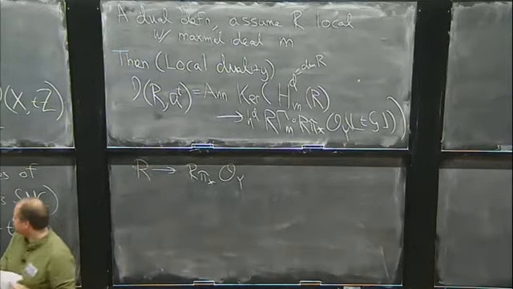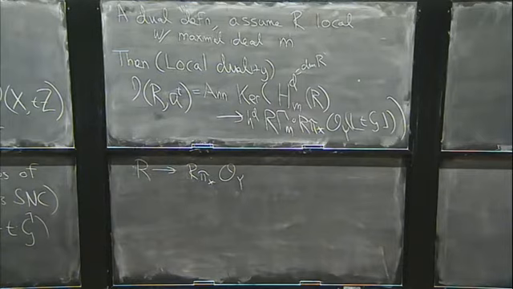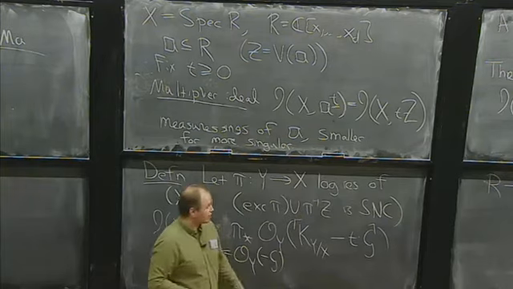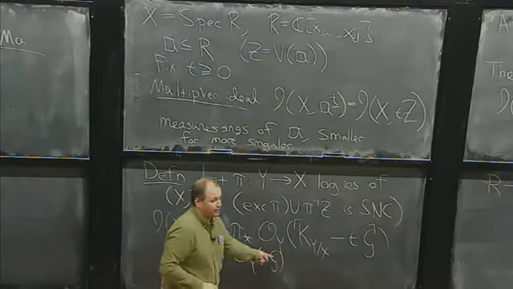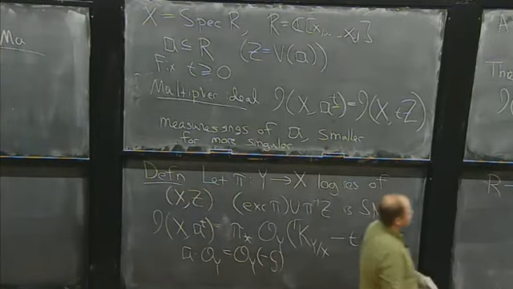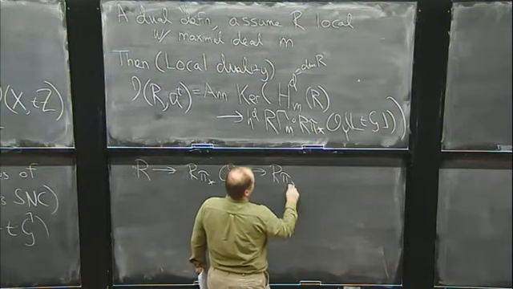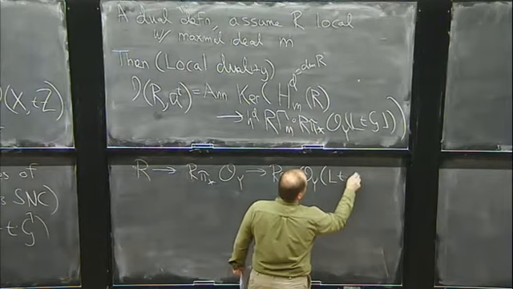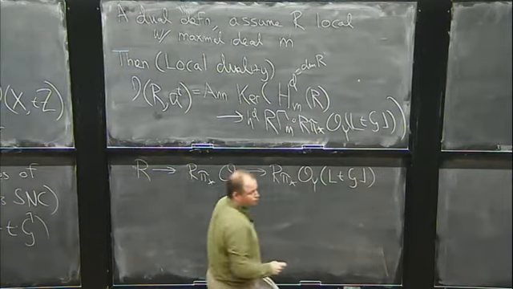Okay. And A times OY is OY minus G. G is effective, and minus G is anti-effective. So this guy maps to R pi lower star OY, well, round down TG.